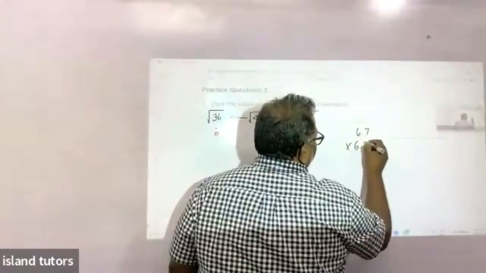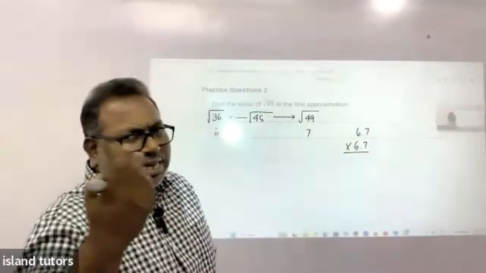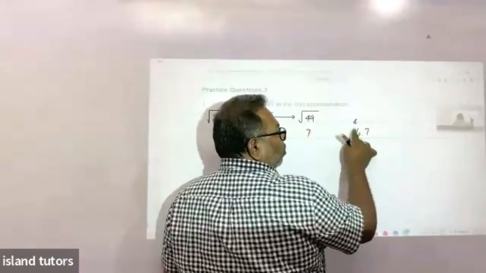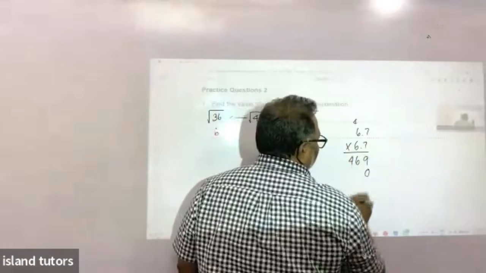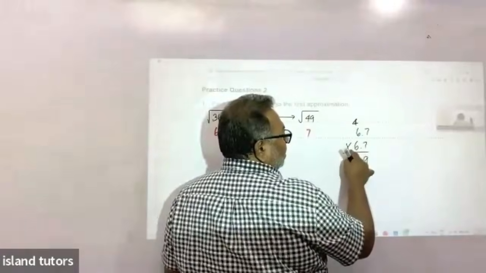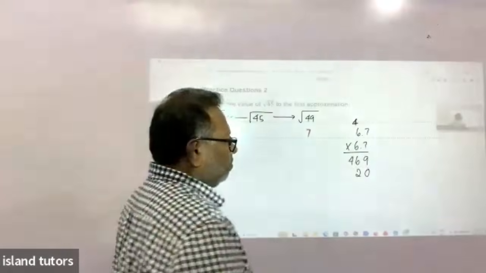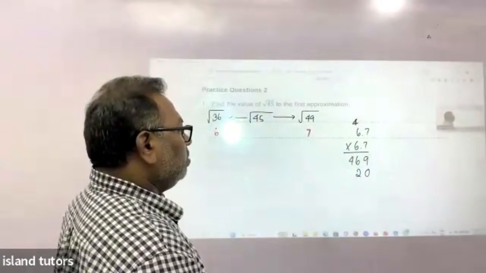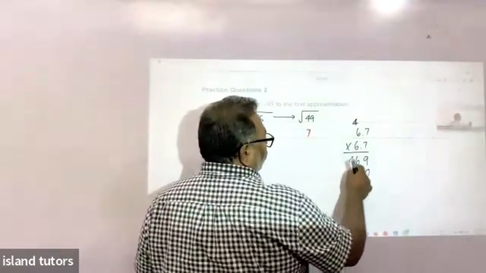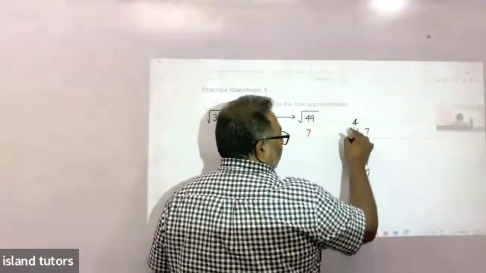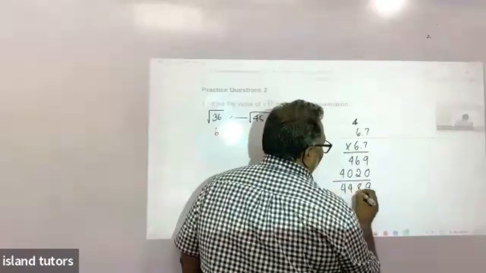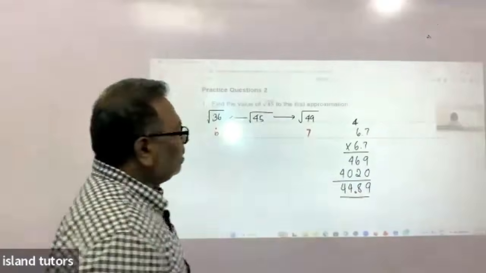I'm just taking randomly 6.7 into 6.7. 6 into 7 is 42, plus 4 is 46, and so on. That gives 44.89.